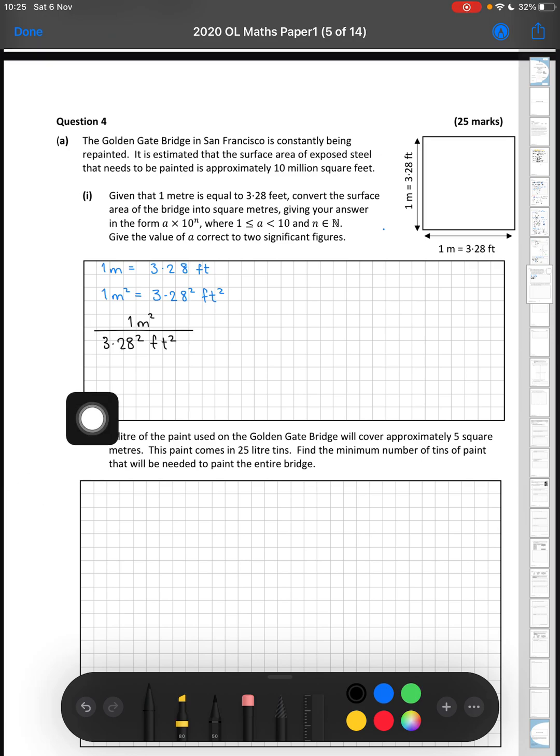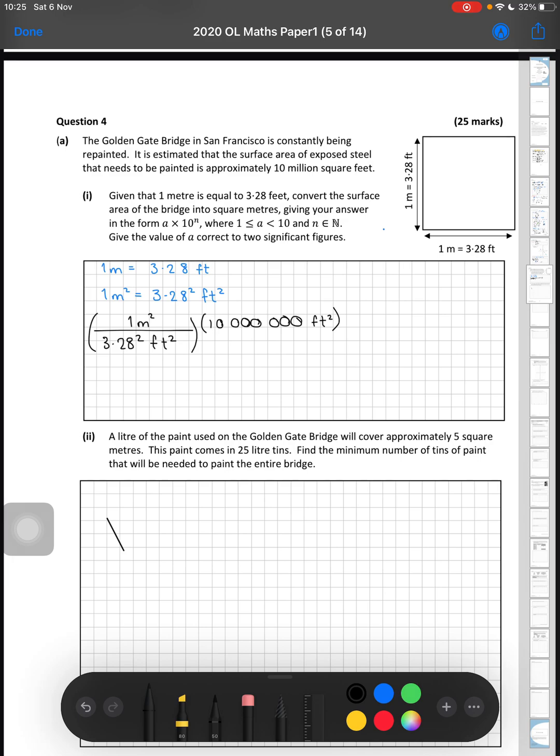So the fraction I'm going to be multiplying by is 1 meter squared over 3.28 squared feet squared, and I'm going to be multiplying that by the 10 million square feet.